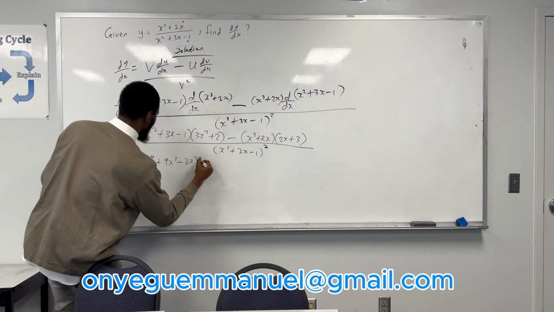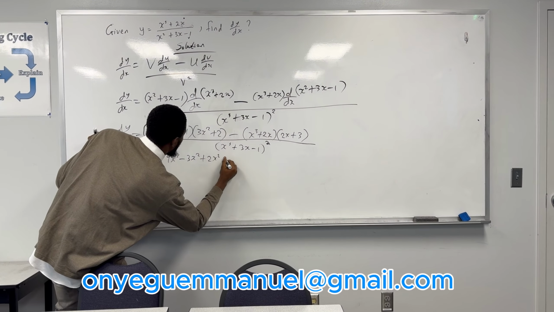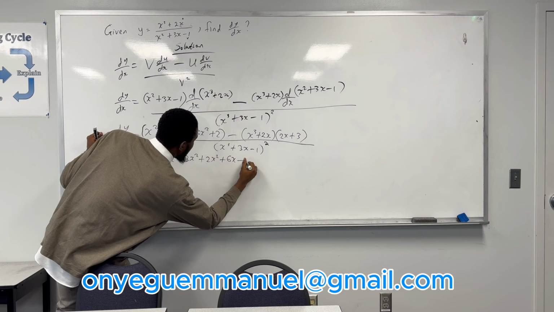You do the same thing here: plus 2x to the power 2 plus 6x minus 2.